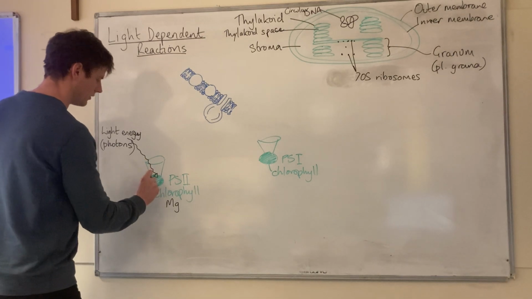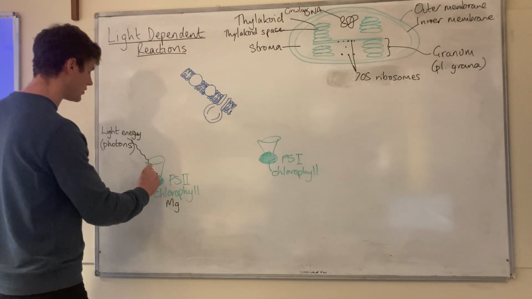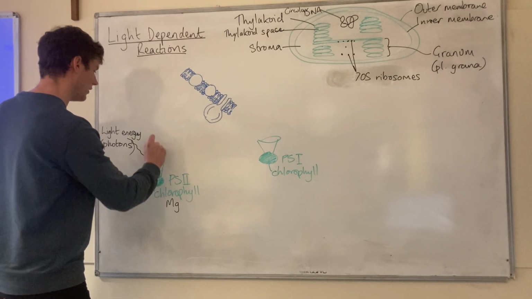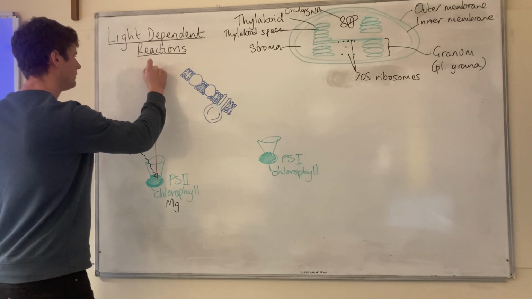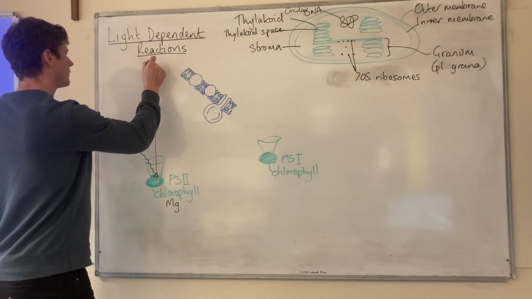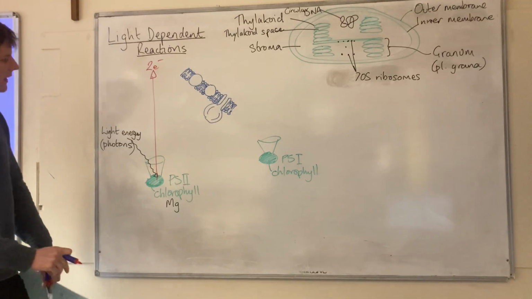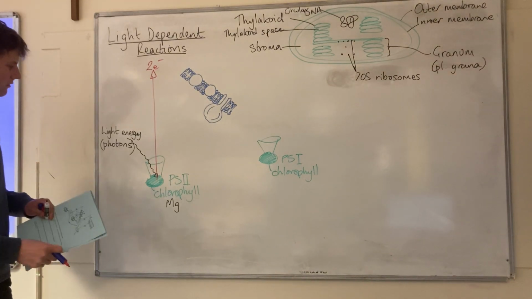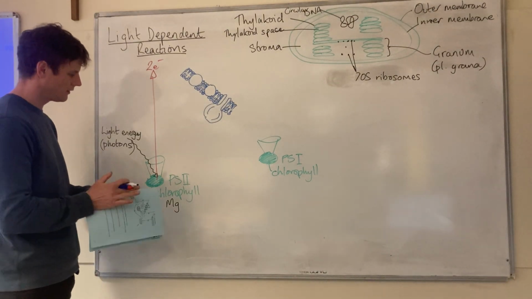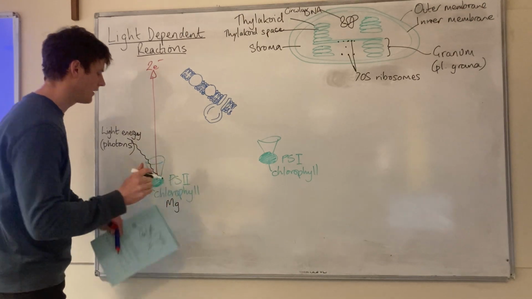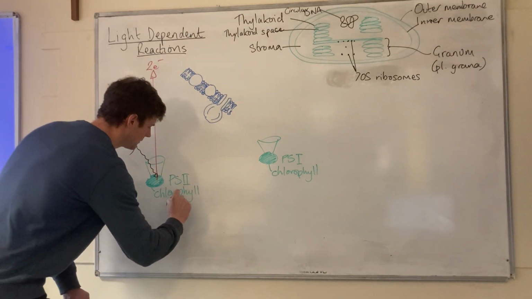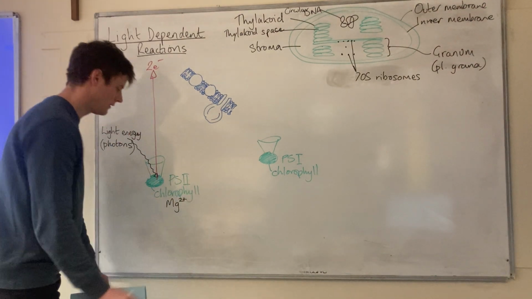And the outcome of that is those electrons jump to a higher energy level and actually escape the chlorophyll altogether. So 2 electrons escape the chlorophyll, meaning that that chlorophyll is oxidized, and specifically the magnesium.